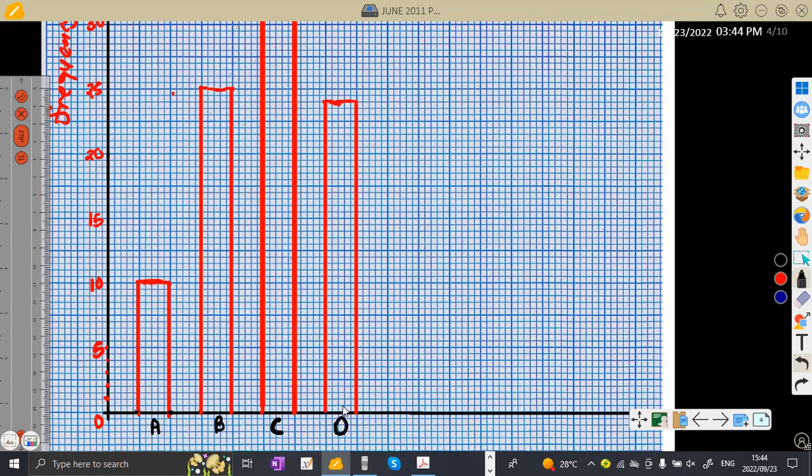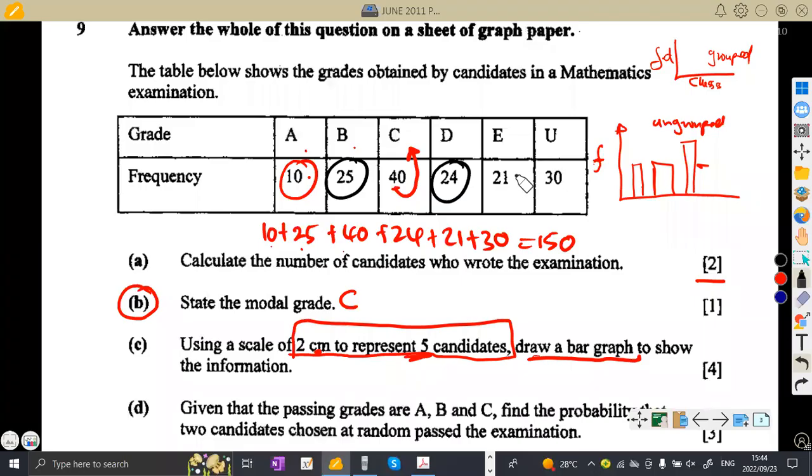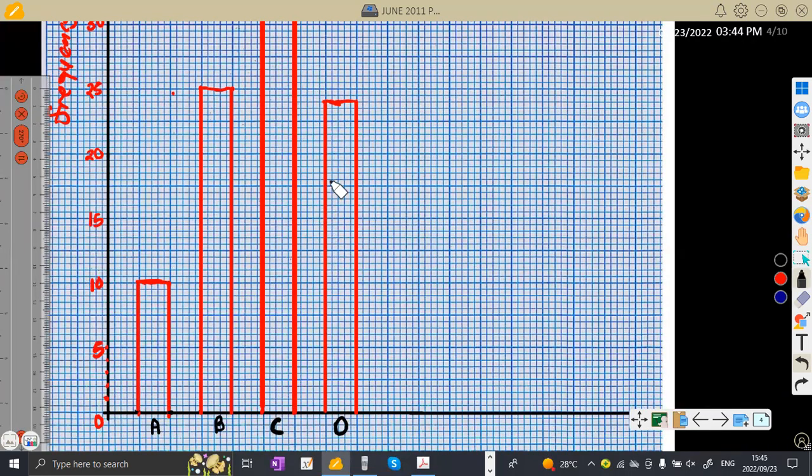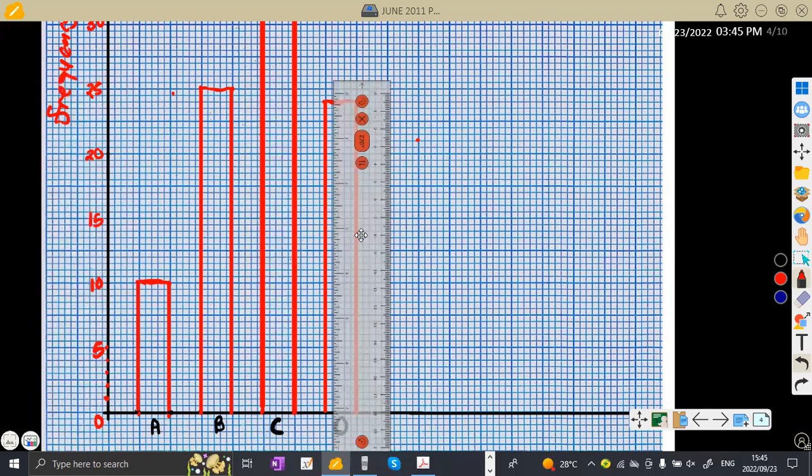Then we move on to the last grade, which is E, and E was 30, if I'm not mistaken. Let's just cross-check. So we have got E, which is 21, then U. So E is 21. So 21 means it's just 20 here. Then to have 21 is going to be 2 boxes from 20. So this is 20, 21 here. So that's our 21 there. So you join back to the ground like that.